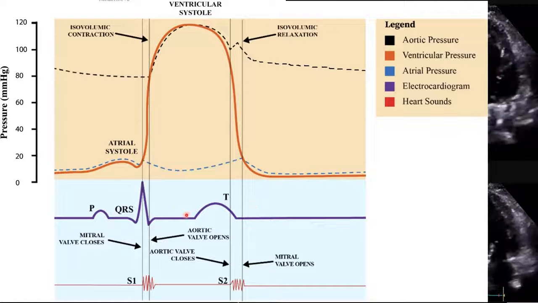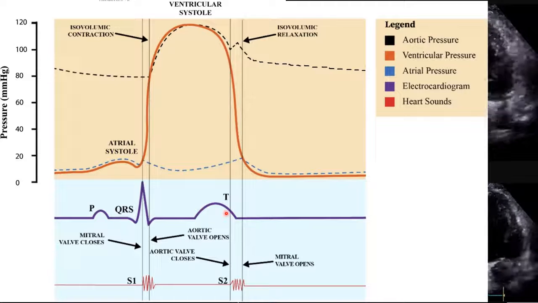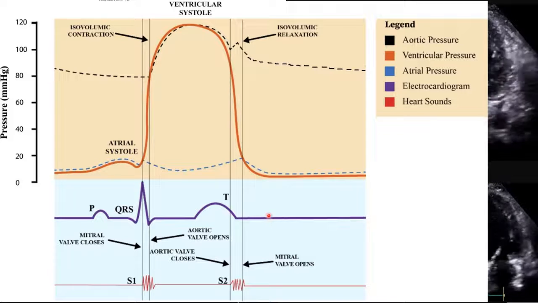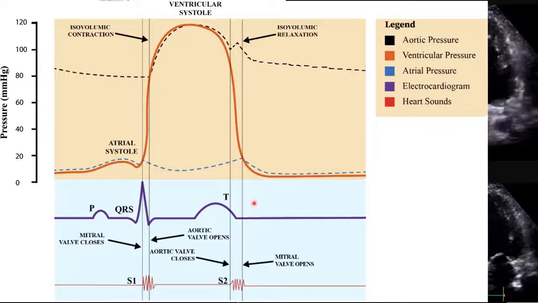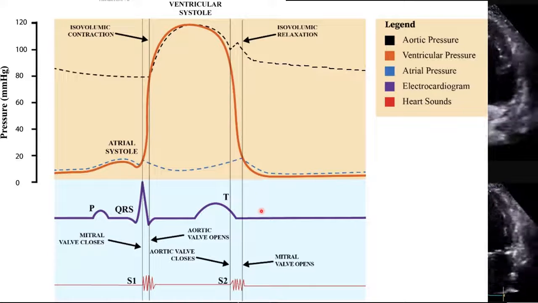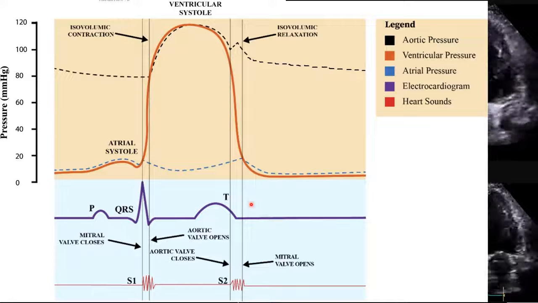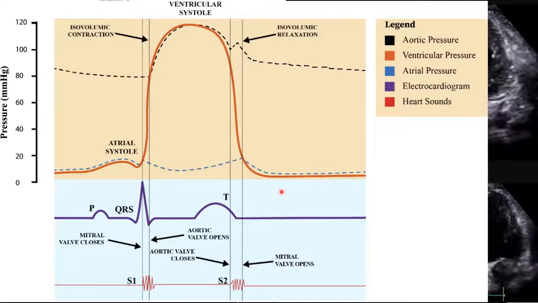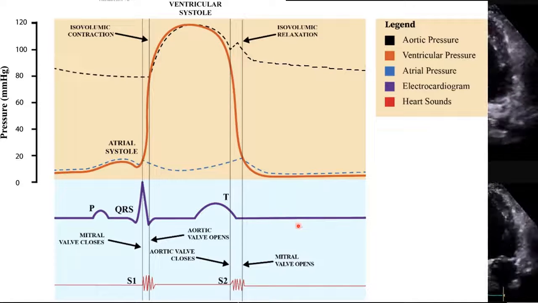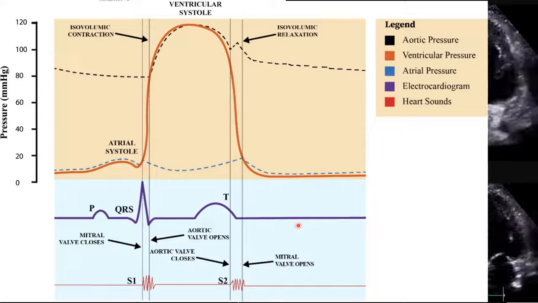Before we start the Wiggers diagram or cardiac cycle events, I would like to explain some terms that we use for the cardiac cycle. First of all, when we say cardiac cycle, our reference is the mechanical cycle, not the electrical cycle.